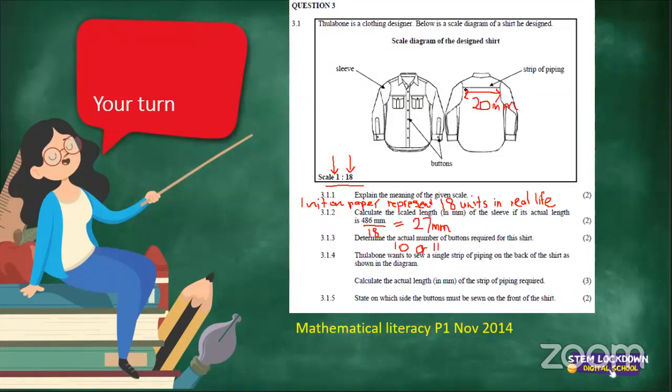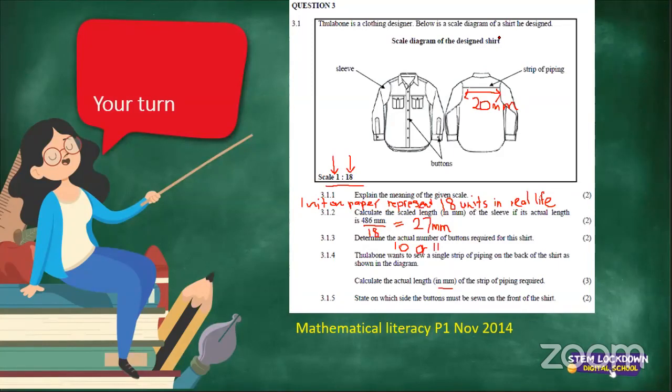If this is 20 millimeters on paper, what is the actual distance? Give me your answer on the chat. Use your scale to determine the actual distance, if on paper it is 20 millimeters.